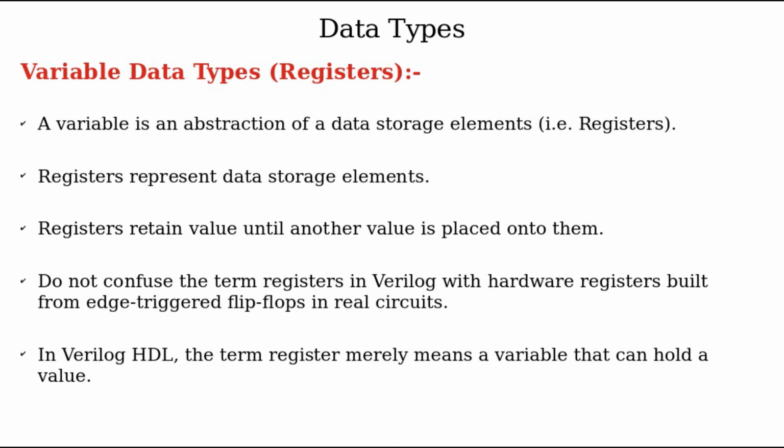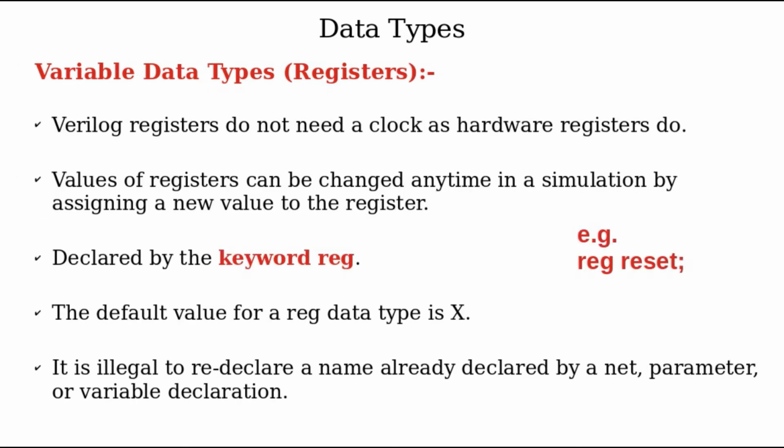It is important to note here that we should not confuse the term register in Verilog HDL with the hardware register which is built from edge triggered flip-flops. In Verilog HDL, the term register merely means a variable that can hold a value.